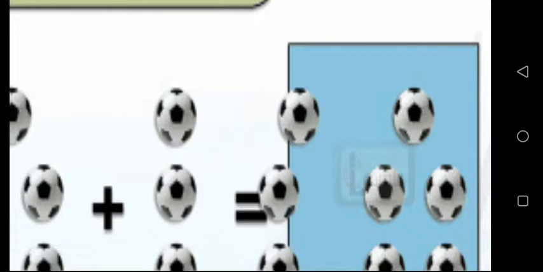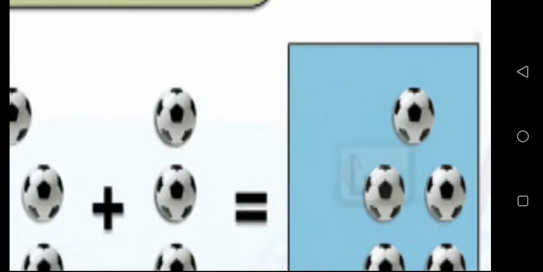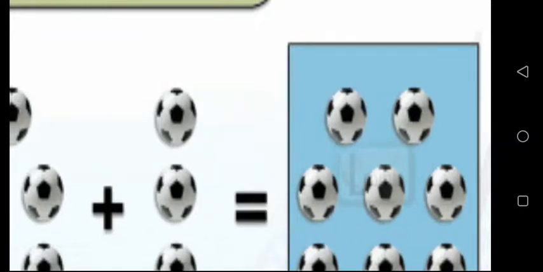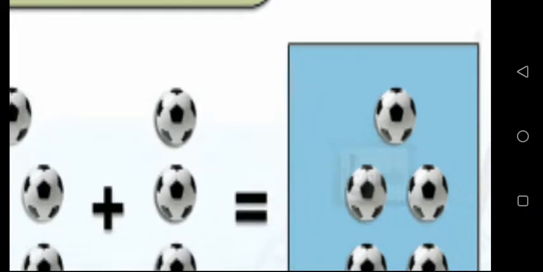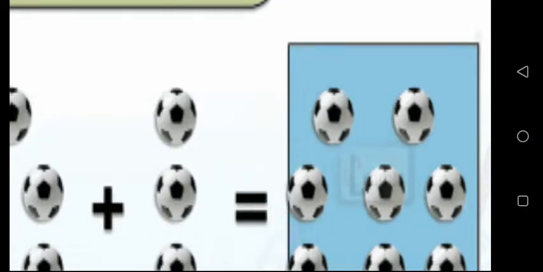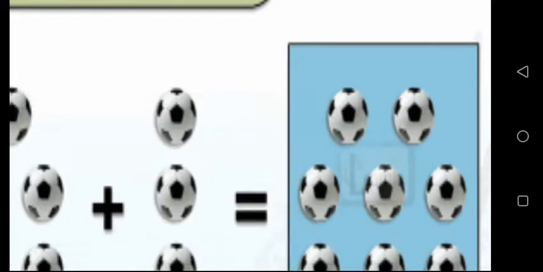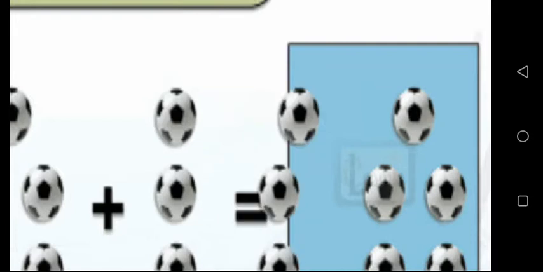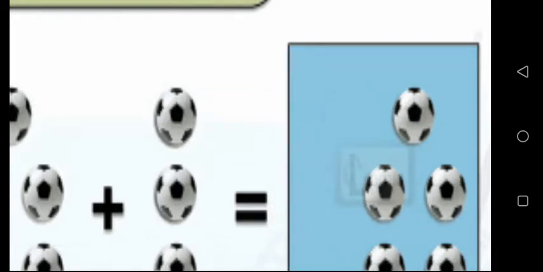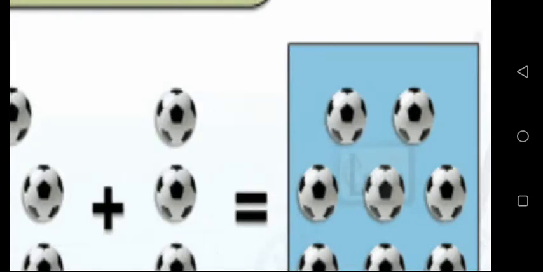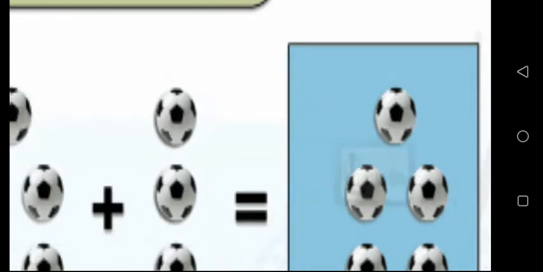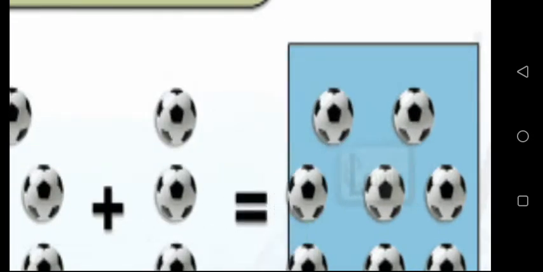We have 3 balls there and 5 balls on the second side. So what we do is count all the balls together. Now count with me. 1, 2, 3, 4, 5, 6, 7, and 8. So obviously the answer to this expression is 8 balls. So 3 balls plus 5 balls is equal to 8 balls.